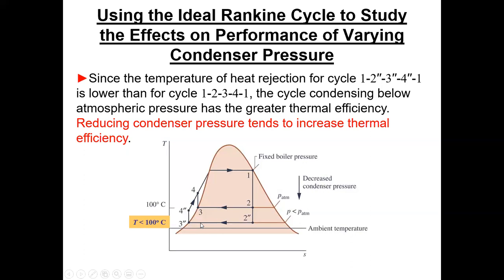Since the temperature of heat rejection for cycle 1, 2 prime, 2 double prime, 3 double prime, 4 double prime, 1 is lower than for 1, 2, 3, 4, 1, the cycle condensing below atmospheric pressure has a greater thermal efficiency. Reducing condenser pressure tends to increase thermal efficiency.